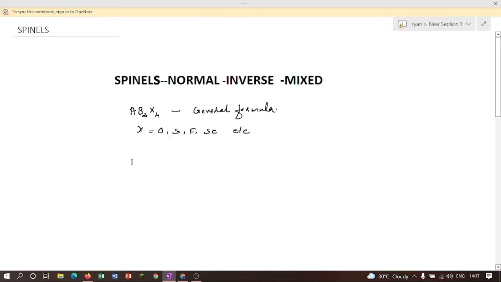A is nothing but a divalent cation and B is a trivalent cation.